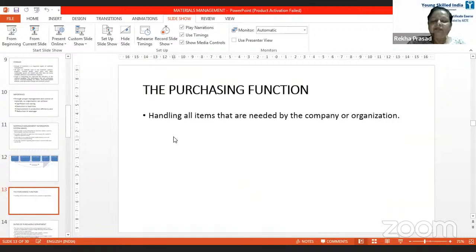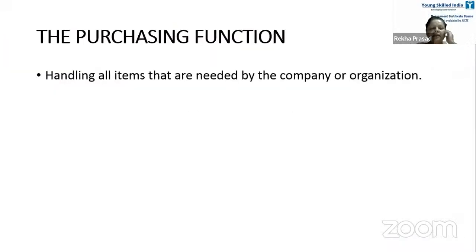So we start with the purchasing function. It is what? Nothing but handling all items that are needed by the company or organization. Whatever is needed, in whatever form, at whatever price, of whatever quality, it handles all these things.